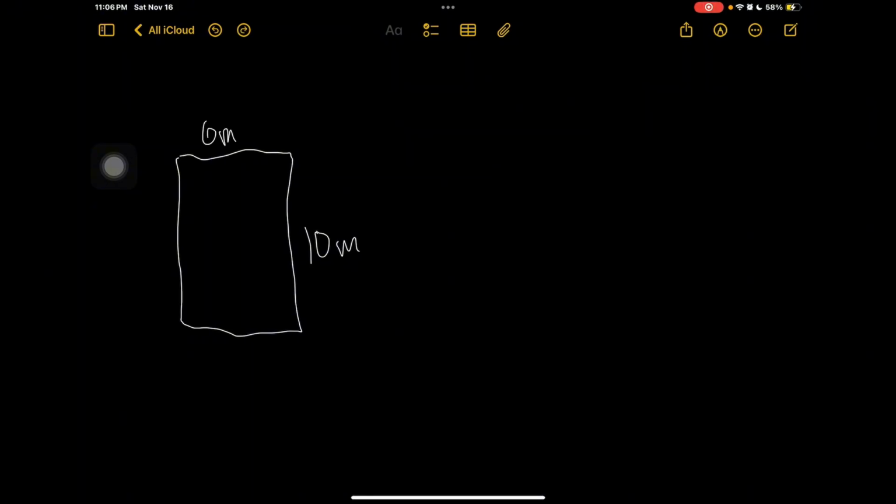So the formula of area is area equals to AB. Now we are gonna put the A, which is 10 meters, multiplied by B, which is 6 meters, is equal to 60 square meters.